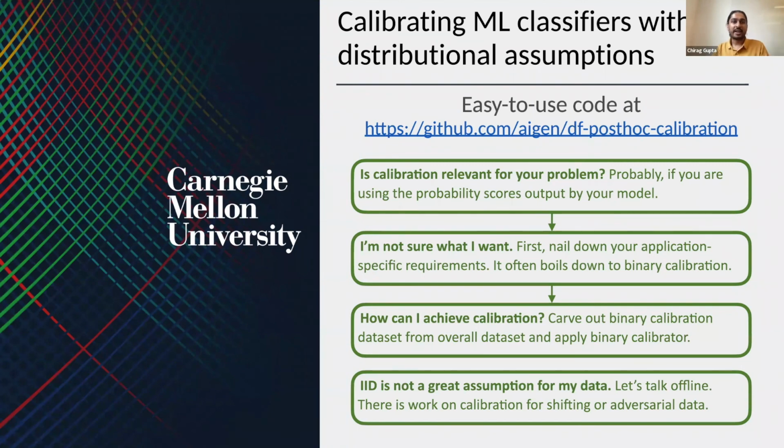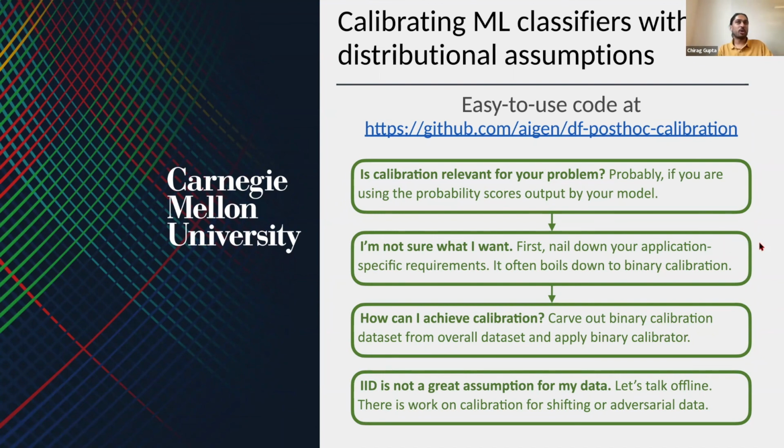So finally, I have a note for practitioners. A lot of this talk was, if you're in the ML community, you're using calibration for a broad problem. But what if I have a specific problem, and do you care about calibration? Well, if you're using probability scores, you probably do care about calibration, or you could benefit from calibrated scores.